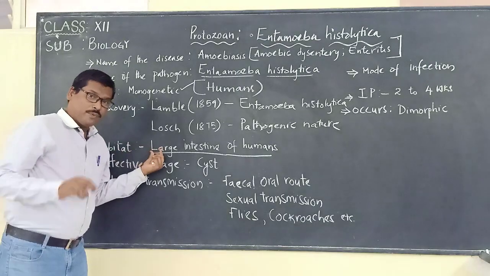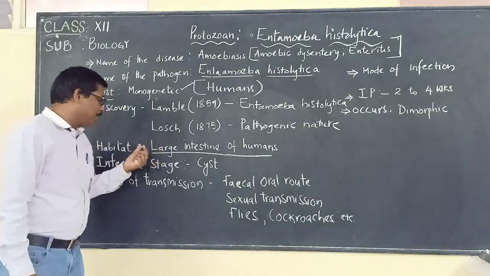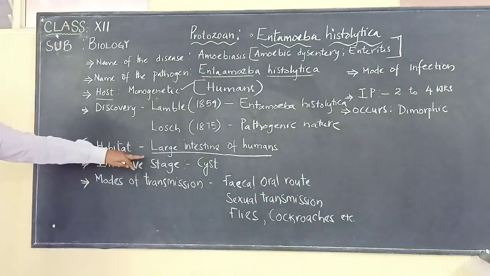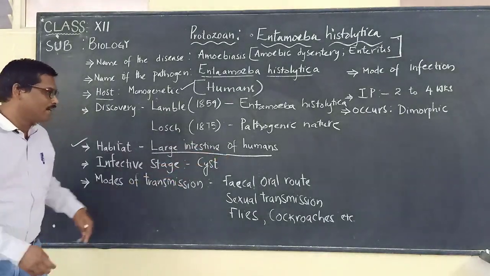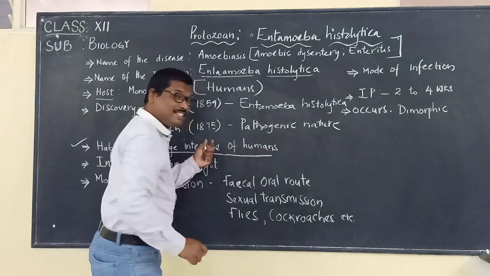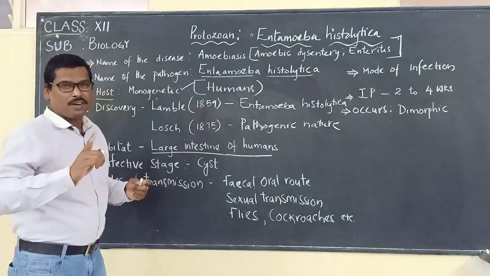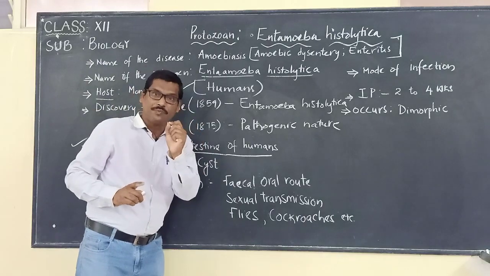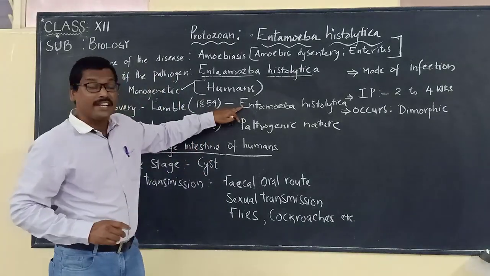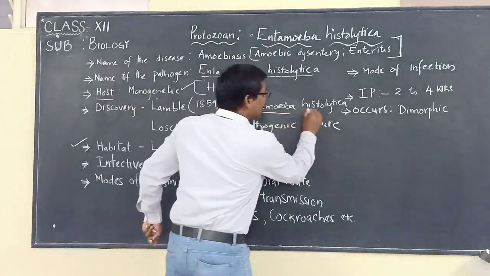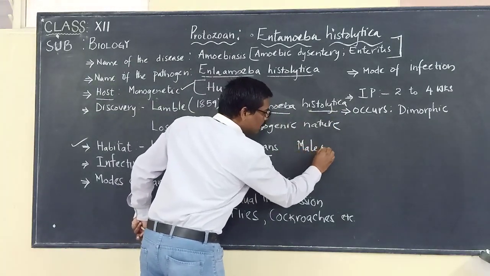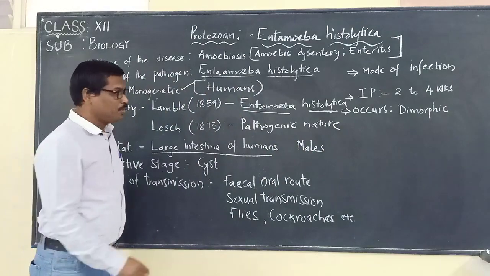So here, one more point that you have to remember: when we say that the habitat is the large intestine of humans, we should also remember that it is mainly seen attacking more males than females.